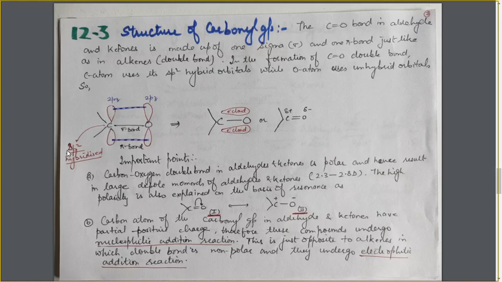So its hybridization will be sp2, because it has to form only 3 sigma bonds. If there are 4 sigma bonds, then the hybridization will be sp3. And for the formation of 1 pi bond, there is an unhybridized p orbital. We have named it 2pz.